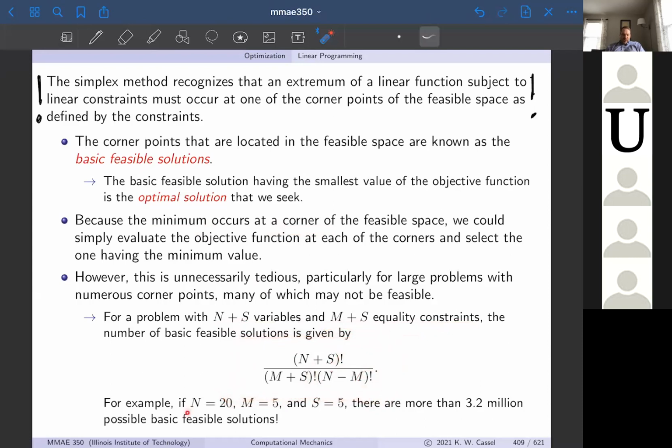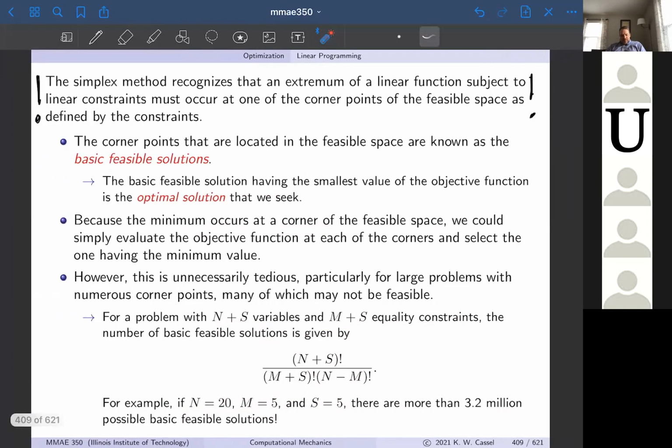Well, let's just take a modest n as 20. So 20 design variables, 5 equality constraints, and only 5 inequality constraints. That doesn't seem too bad, right? That should be pretty manageable. Well, if you stick that in, it turns out that that's 3.2 million possible basic feasible solutions. So I'm not going to sit here and check. I don't have the patience to check every single one of those possible basic feasible solutions to see which one has the smallest J. So that's not going to work. Again, we need a more algorithmic step-by-step process that gets me to the optimal solution.